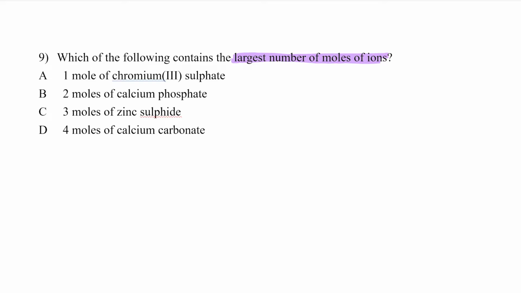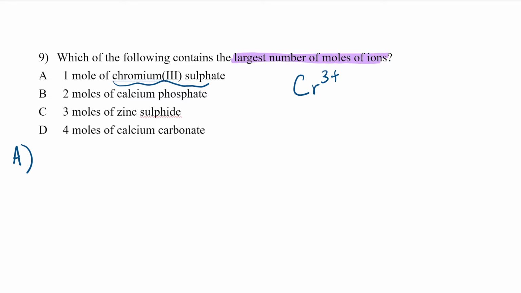So how many ions are there for chromium 3 sulfate? Chromium 3 sulfate, I'll do it down here. Chromium 3, obviously it's a big help that they're telling you it has a 3 plus charge. You're like, sir, how do you know it's a 3 plus charge? Why isn't it a 3 negative charge? Because remember, obviously of the ions, one of them has to be positive, the other one has to be negative.